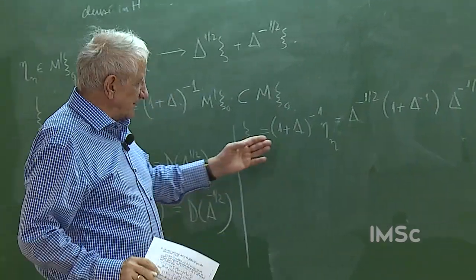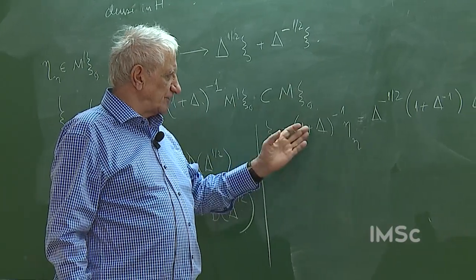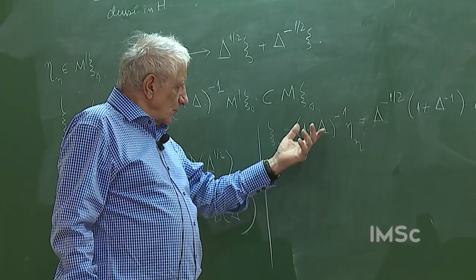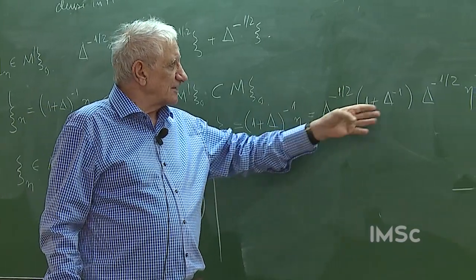Well, to justify this equality, just put instead of delta a positive number t, and check that 1 over 1 plus t is equal to t power minus 1/2, etc.